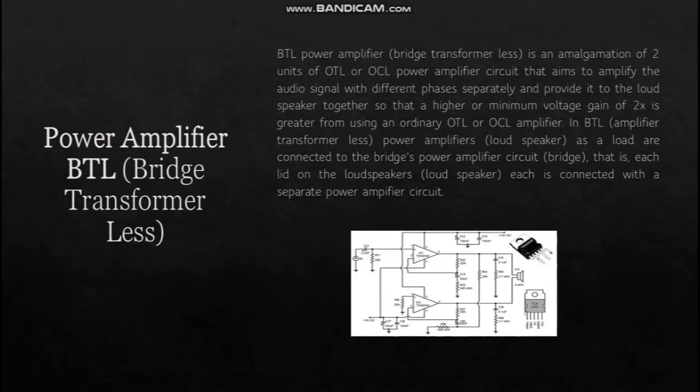In BTL power amplifiers, the loudspeaker as a load is connected as a bridge between the power amplifier circuits. Each lead on the loudspeaker is connected with a separate power amplifier circuit.